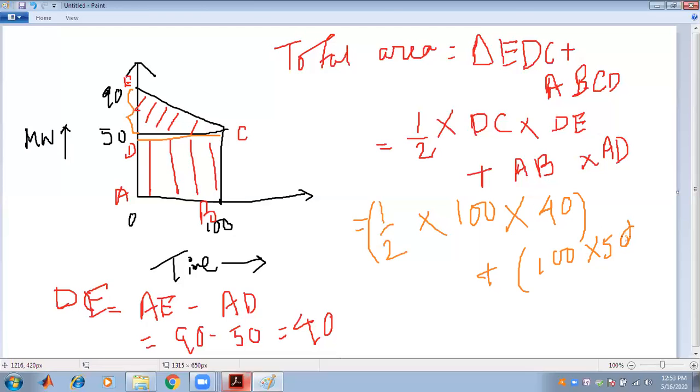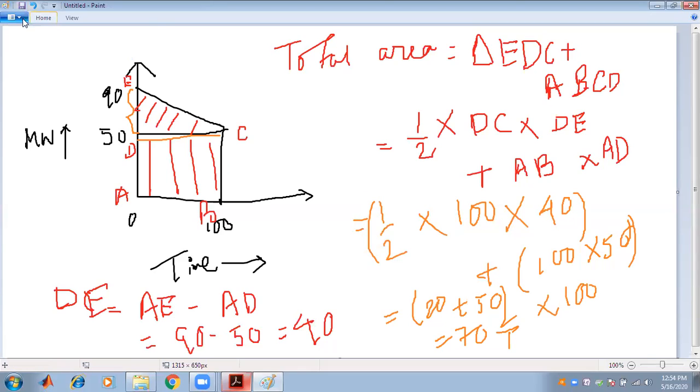So if I take 100 common, it will be 20 plus 50 into 100. You can write this as 70. 100 is the total time, so 70t. You can write that. The area is known to us, so we can calculate it.